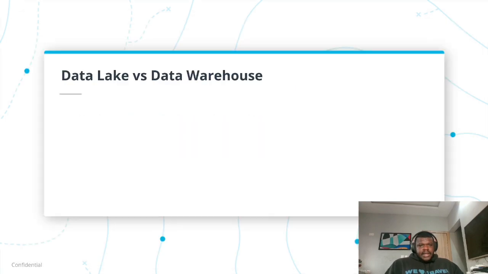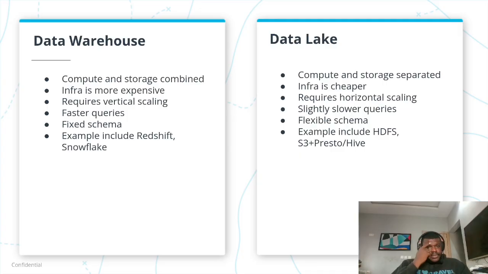And so next is, what's the difference between a data lake and a data warehouse? Because there are a lot of similarities, but a data warehouse is more or less like a database that has been customized for querying purposes.